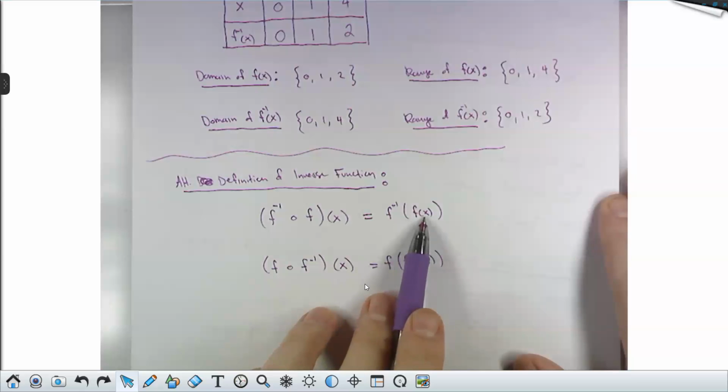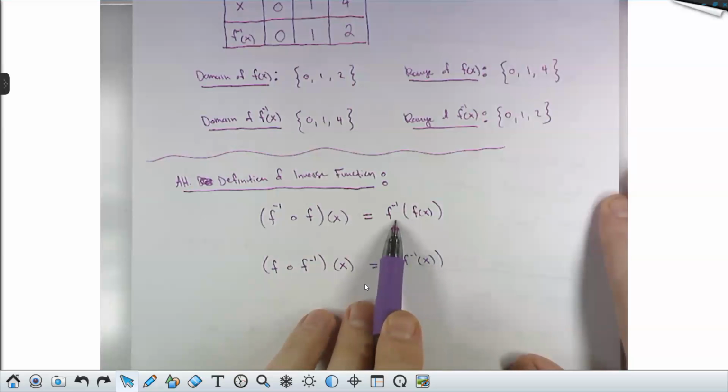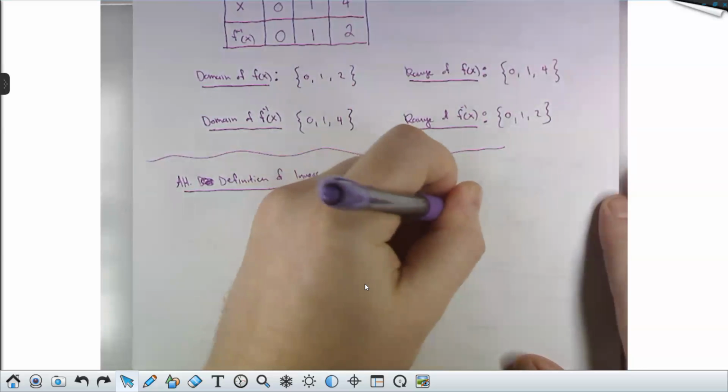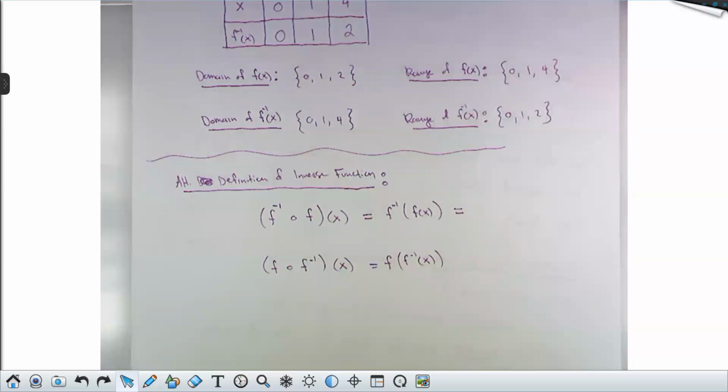If I take x and I do something to it, and then I undo that thing, what should I get out? The original, yeah, the original what? What is the original thing here? You're correct, Kendra.